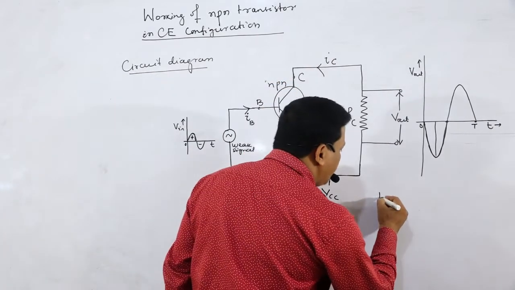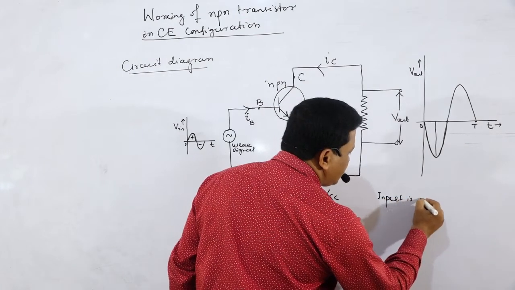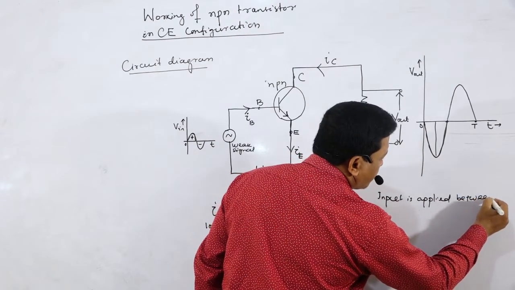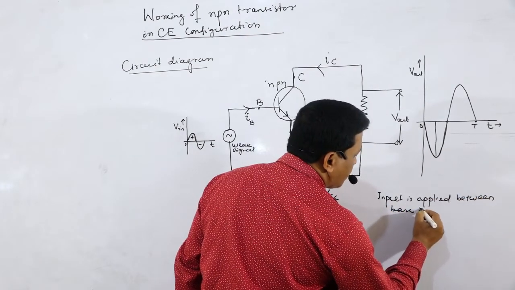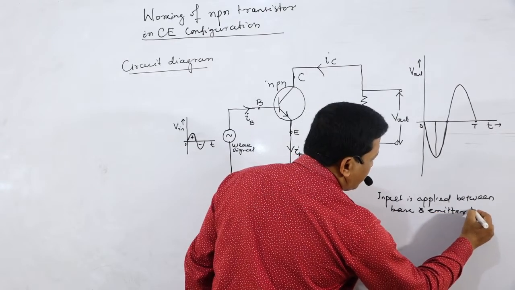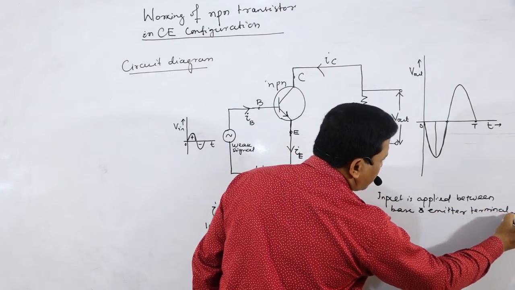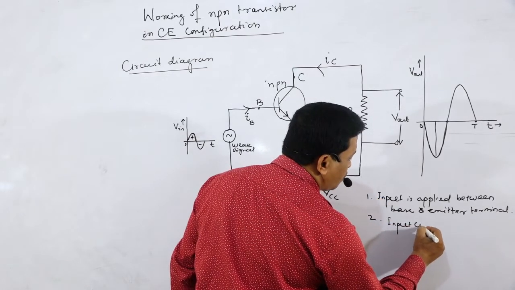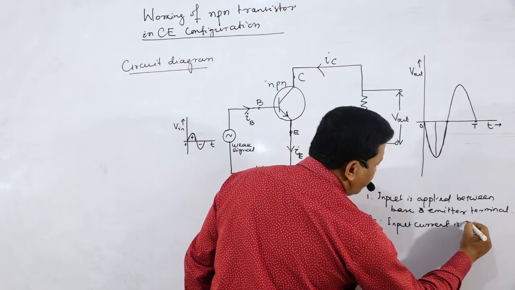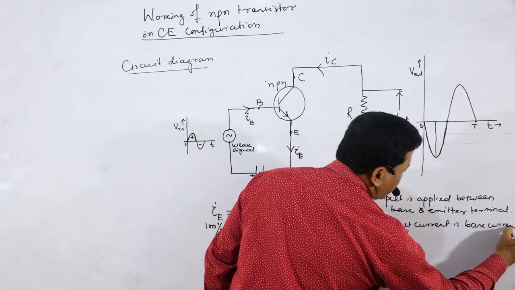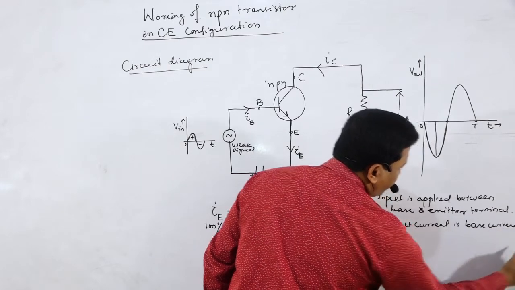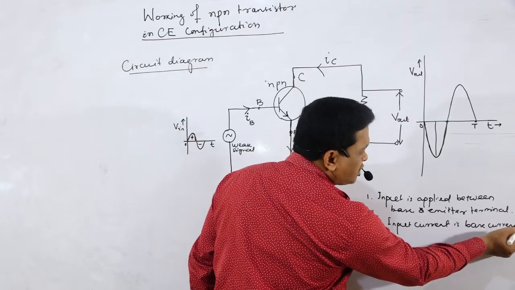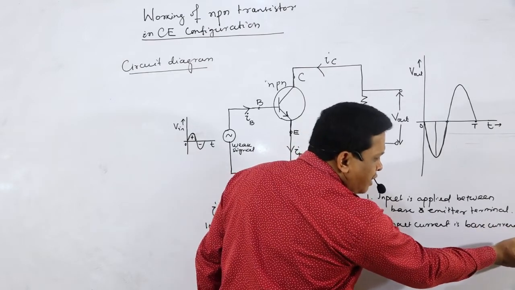So you can write here, input is applied between base and emitter terminal, input current is base current, that is I capital B. See, you mark here the symbol because the small letter represents AC and capital letter represents DC.